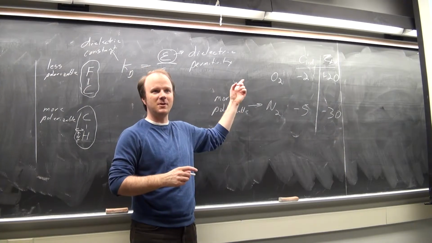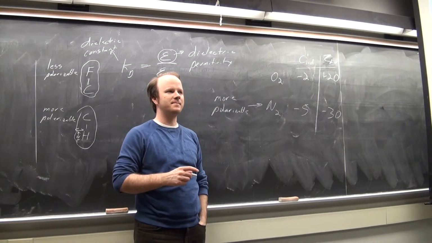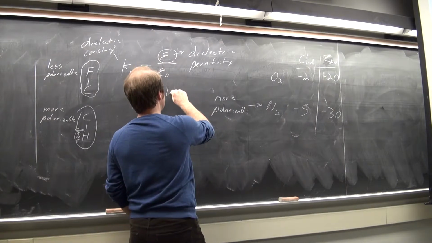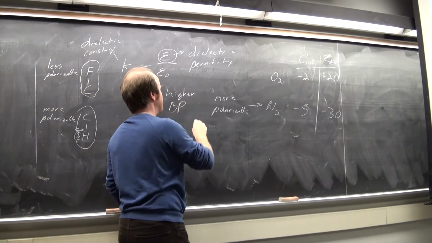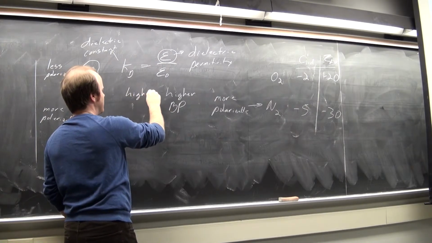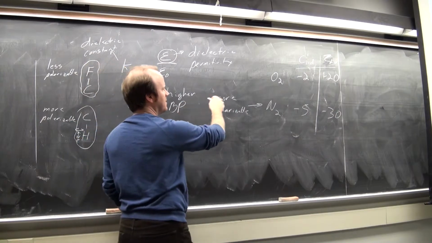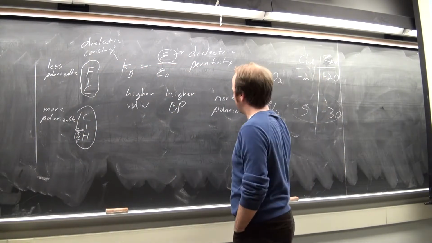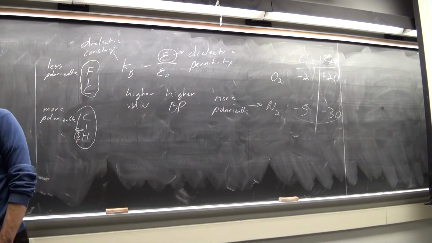Which one has a higher boiling point? Nitrogen. And we know that this one also has higher van der Waals interactions. All these go together, right? So we see higher van der Waals interactions right from here. We know that molecule is more polarizable. It's got a higher boiling point. All of that stuff. Yeah?